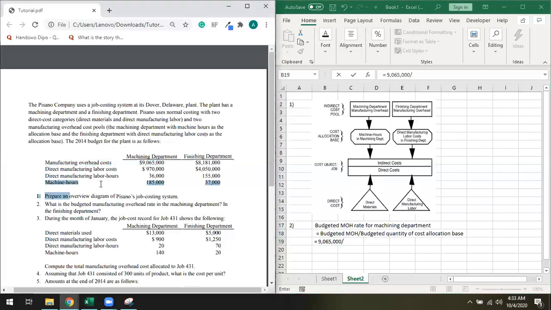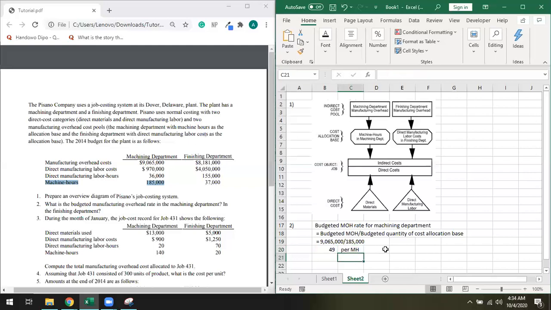The machine hour in the machining department is equal to 185,000. So we put this 185,000 and then we get the budgeted manufacturing overhead rate for machining department equal to $49 per machine hour.